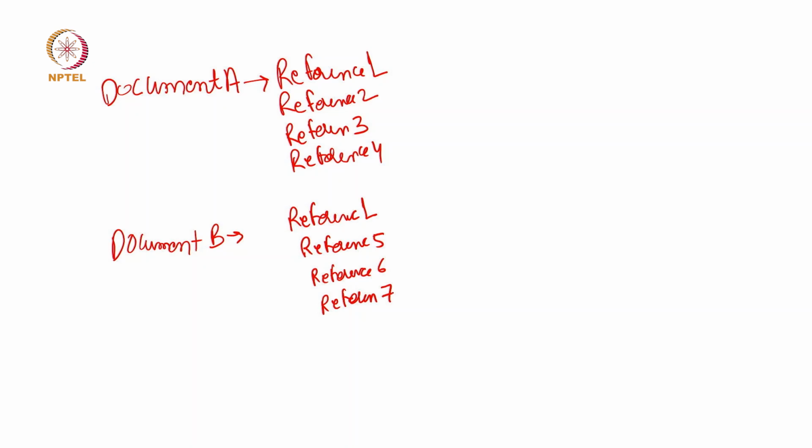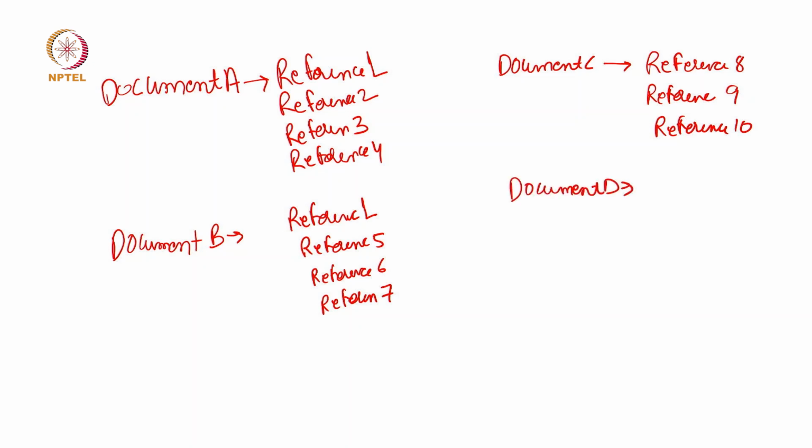Now take another document C, which has 3 references: reference 8, reference 9, reference 10. So we have another document D which has 6 references.